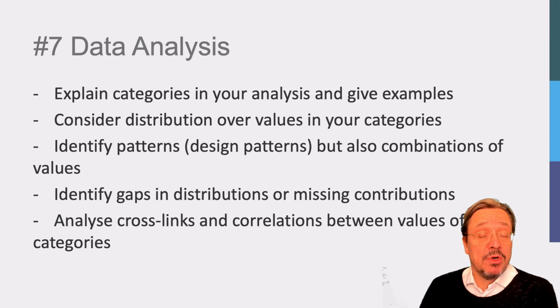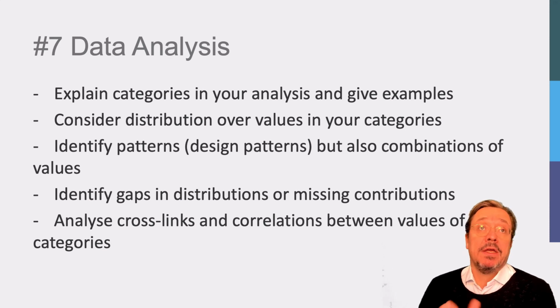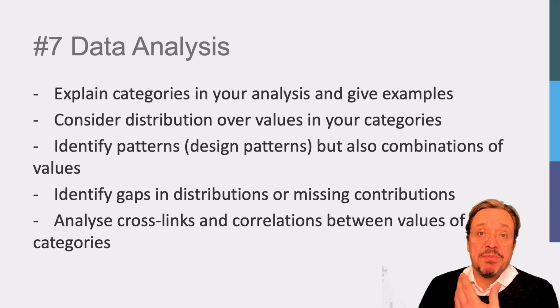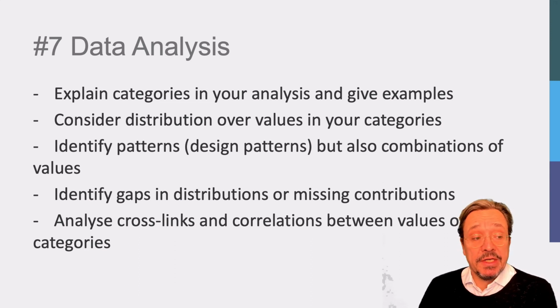Identify patterns, probably of combinations of different parts of your taxonomy. So do the head-mounted display examples always include a specific design pattern in the software, for example? Other results you can look at: are there gaps in the distribution? Is something that you would think of not done in the literature before? And cross-links between the values and categories.